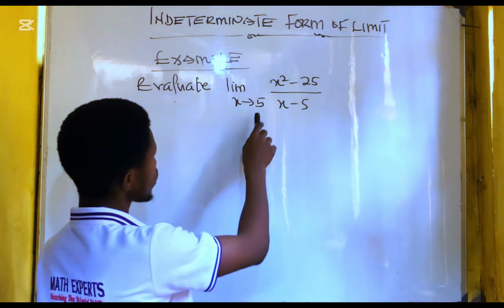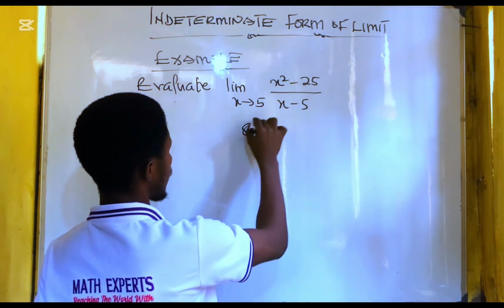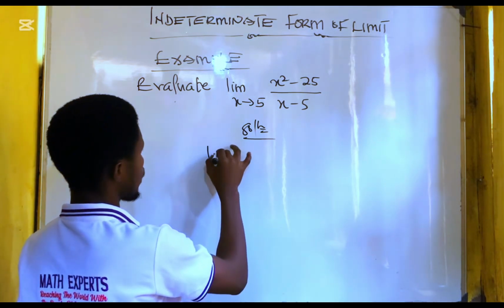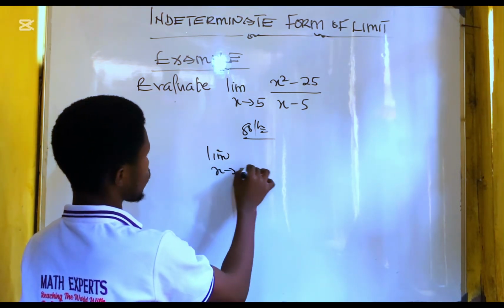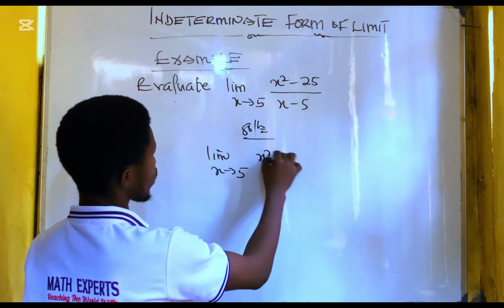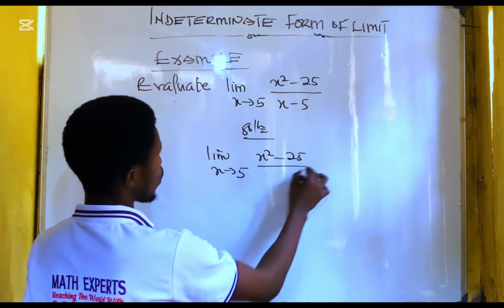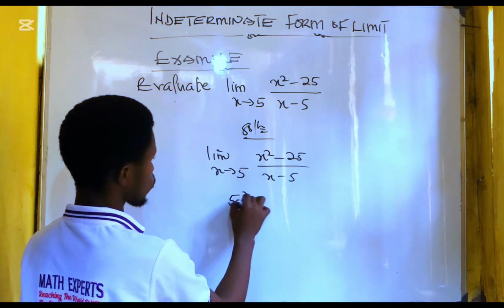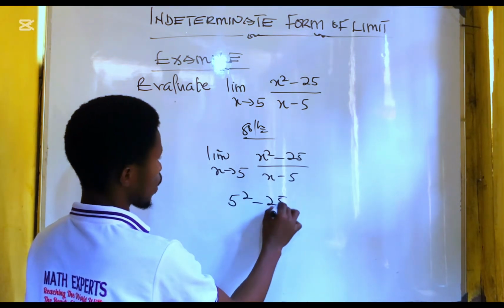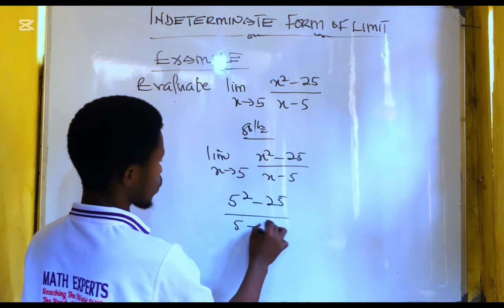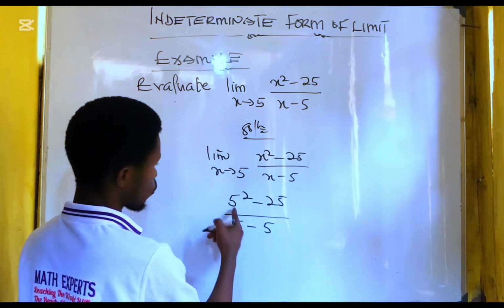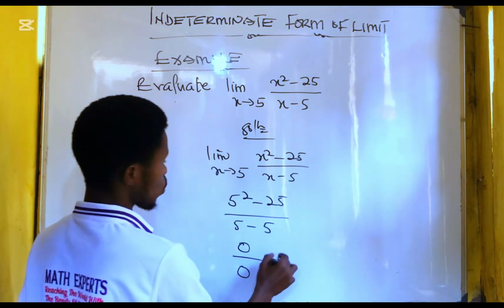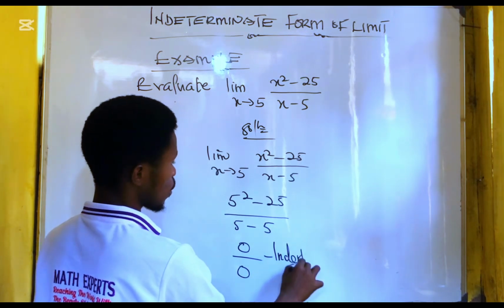So when you are testing, you are going to have the limit as x approaches 5 of x squared minus 25 all divided by x minus 5. If I put 5 here, I'm going to have 5 squared minus 25 all divided by 5 minus 5. 5 squared is 25. 25 minus 25 will be 0 over 0. So this is what? Indeterminate.